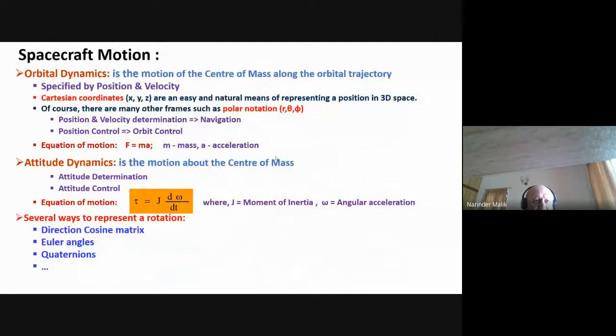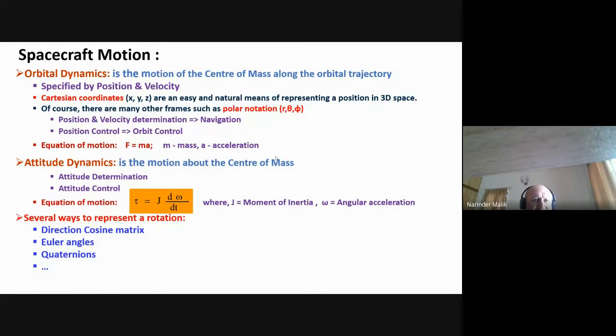What is spacecraft motion? Spacecraft experiences two types of motion. One is orbital dynamics, that is the motion of the center of mass of the body or the satellite along the orbital trajectory. This motion is specified by position and velocity at a given instant of time in the orbit.